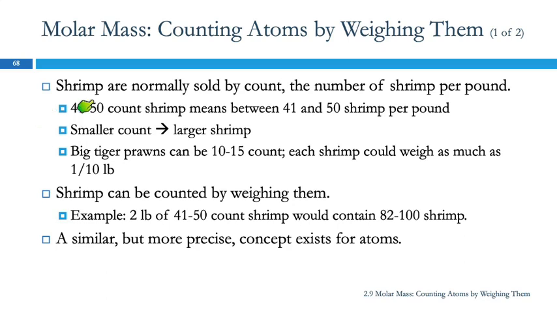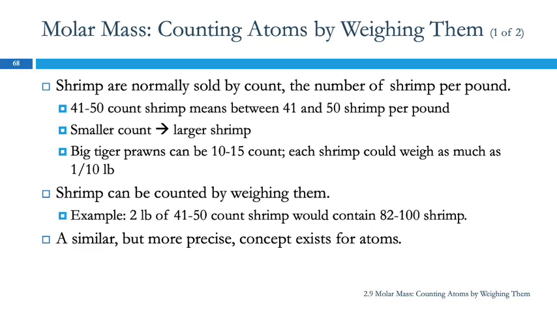If you have a 41 to 50 count, you'll say that on the package, that means that you're going to have between 41 and 50 shrimp per pound. They're not going to tell you exactly because not all the shrimp are the same size, so they're giving you this little range. Smaller count, larger shrimp. The really big shrimp, the tiger prawns, might be 10 to 15 per pound.